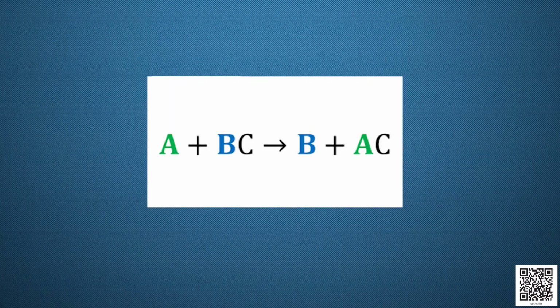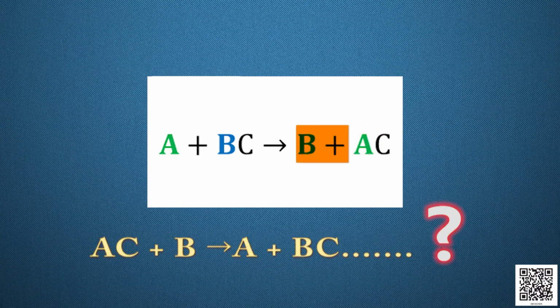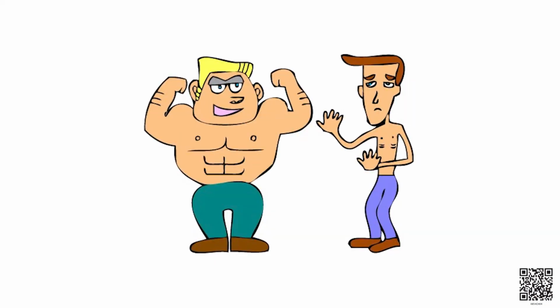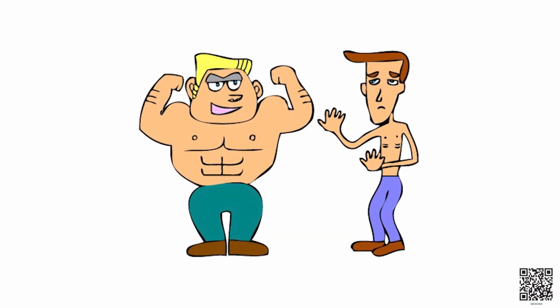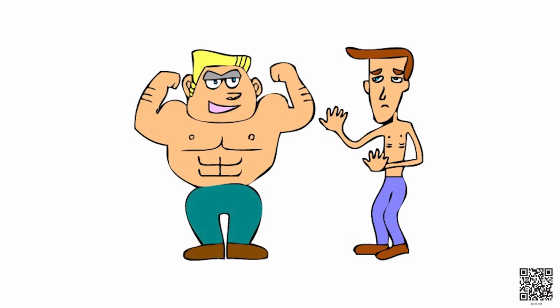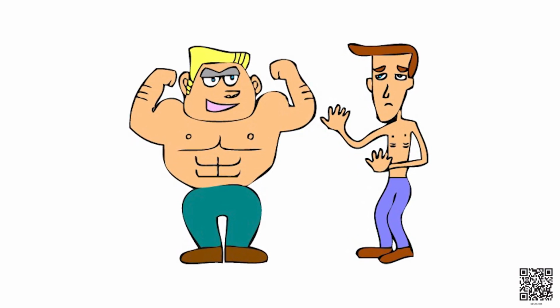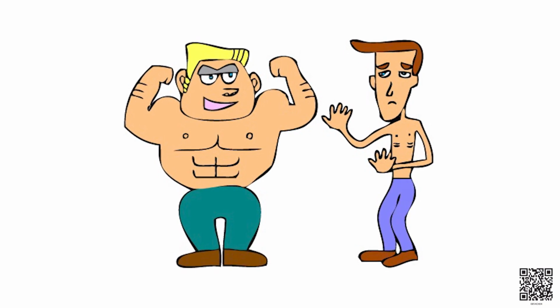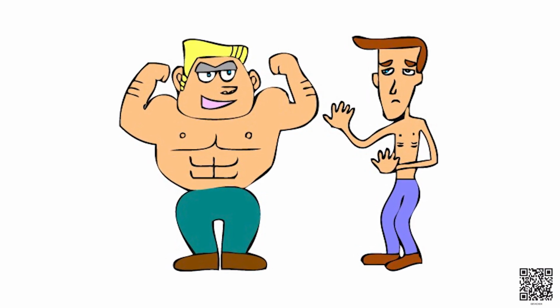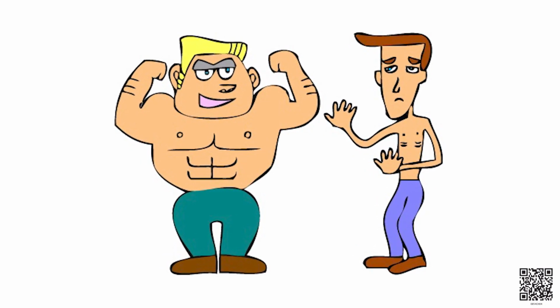Looking at the above equation, can we also say that metal B displaces metal A from the compound AC and give the compound BC back? If not, why? It is something like in a tug of war, a strong person wins over weak. That is, whenever there is a competition, the strong person wins.